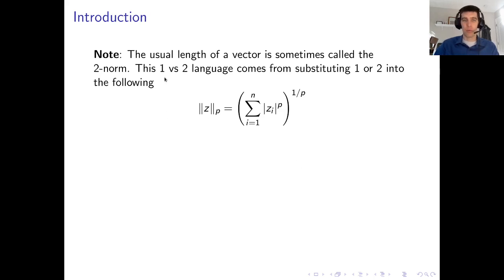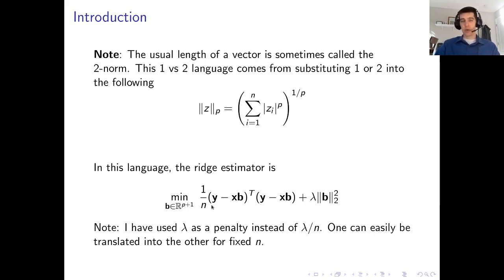This 2 norm versus 1 norm language comes from using p equals 1 or p equals 2 in the following expression. For p equals 1, you get the sum of the absolute values of the entries. For p equals 2, you get the sum of the squares of the entries, and you take the square root. This is where the origin of 1 versus 2 norms comes from.